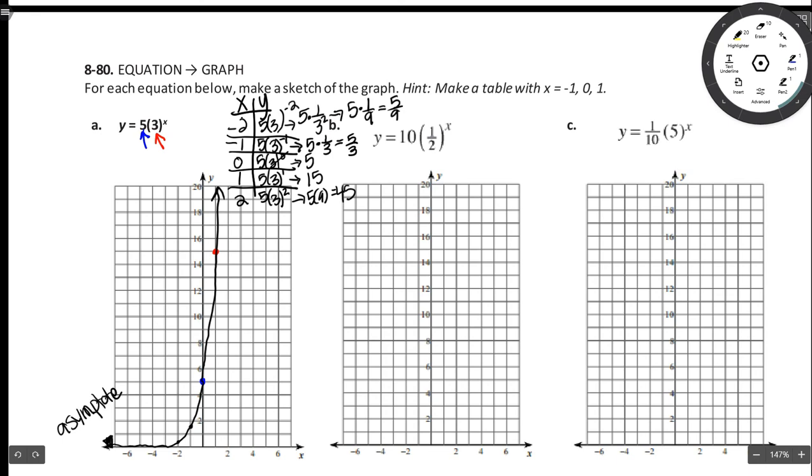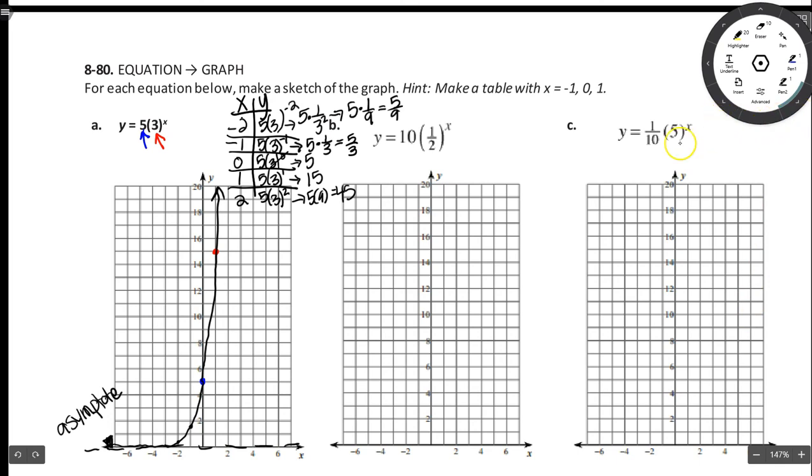And for this lesson, I'm not really going to go into too much detail. It's just important to know that because there's an asymptote, this will not ever touch the x-axis. So don't draw a graph that goes through the x-axis because that will be incorrect. I'm going to do one more example here.